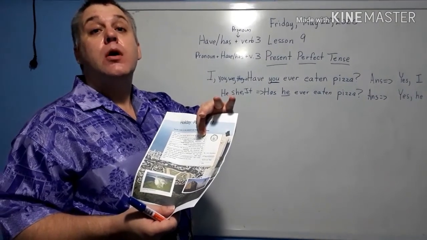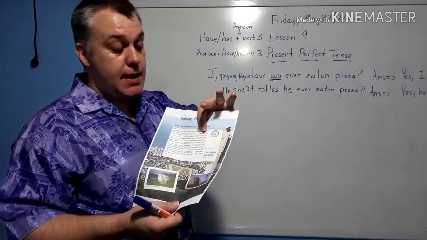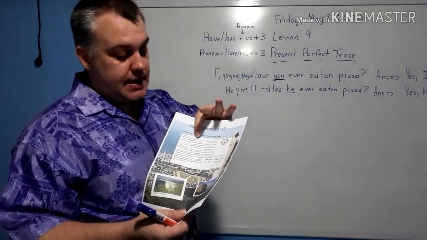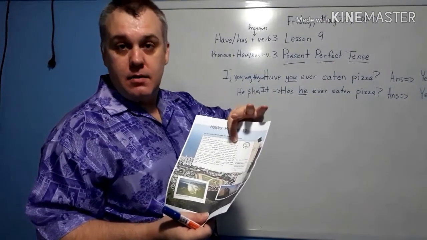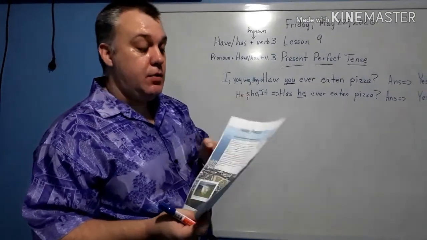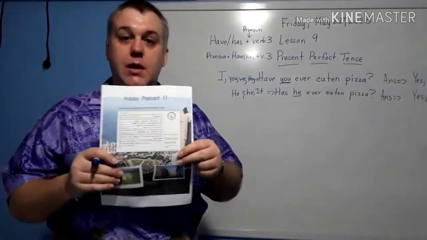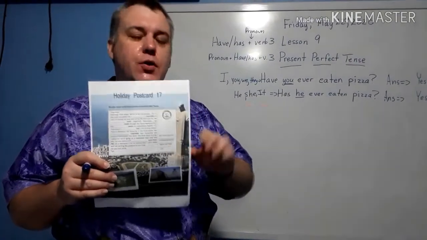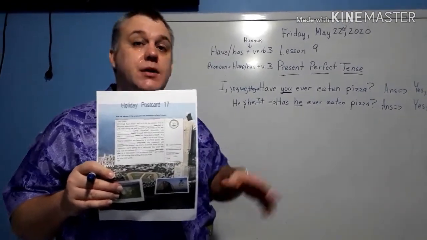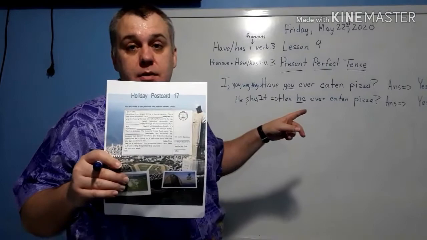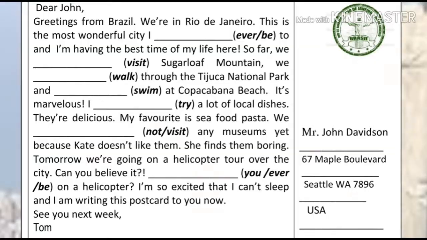Be, was, were, been. Been is the past participle. It's verb 3. Yes, city I have ever been. Okay? That's how we do this. Go ahead and try to do this. I'm going to give you some time. If you can't do it, that's fine. We'll go over it. All right? Try to use what I've just written, and then we'll come back and practice it. Okay?